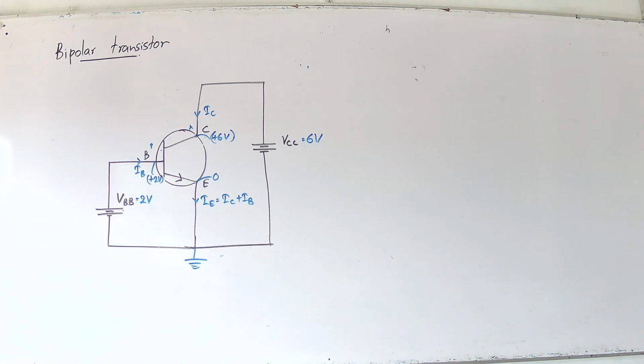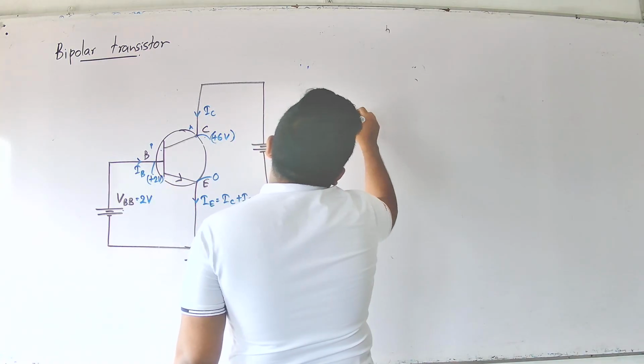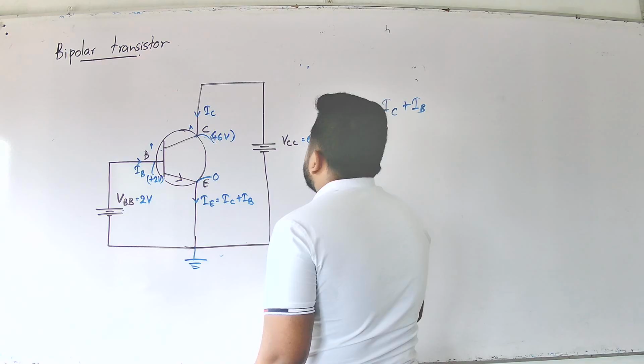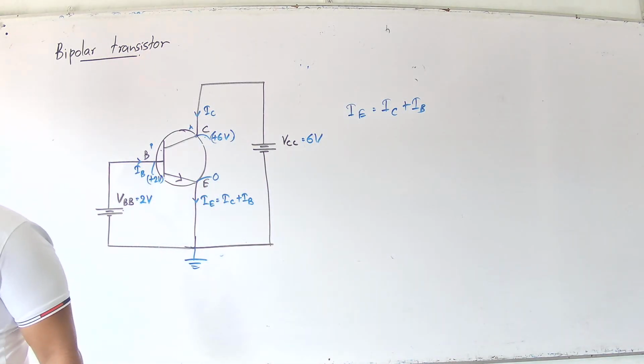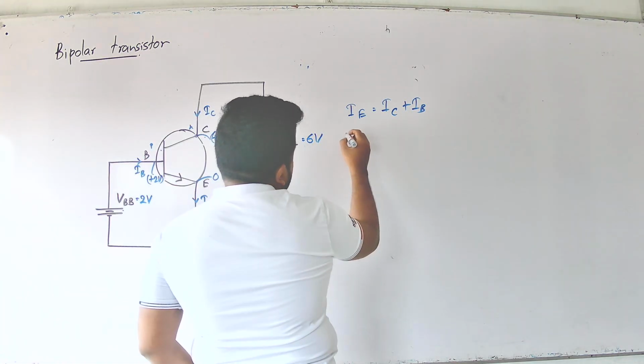Then write down. So for every NPN and PNP transistor, IE equals IC plus IB. Right? That means, but the IC current is much larger.